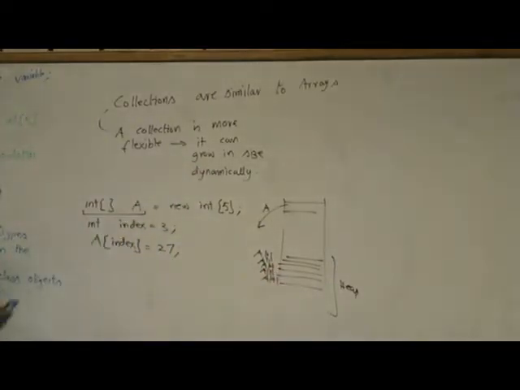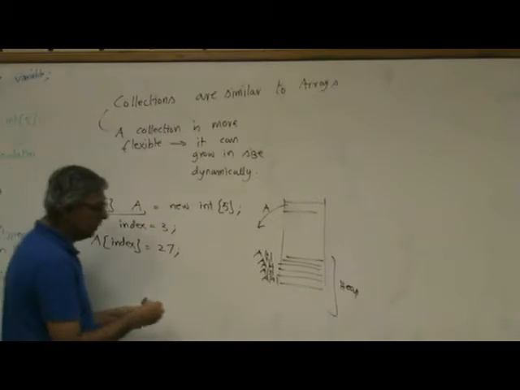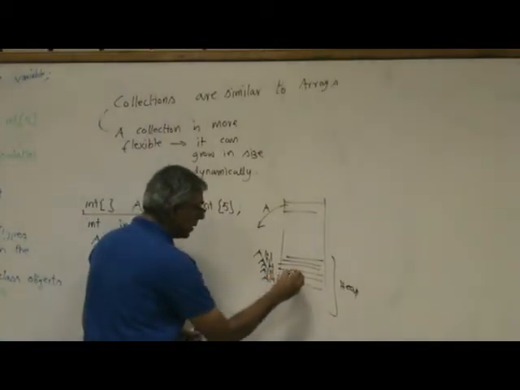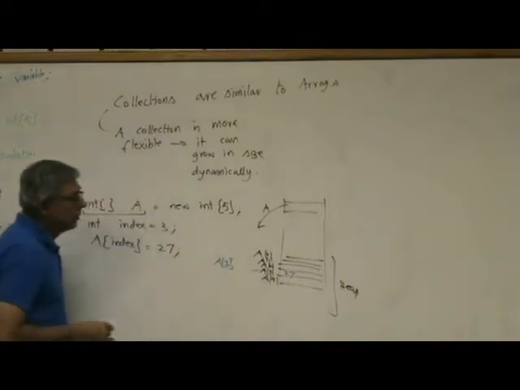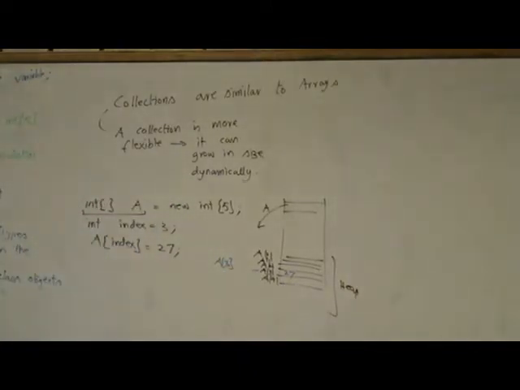Now, index equal to 3, A of 3 equal to 27, so where will we store 27? A of 3, which is over here. So anyway, it works.